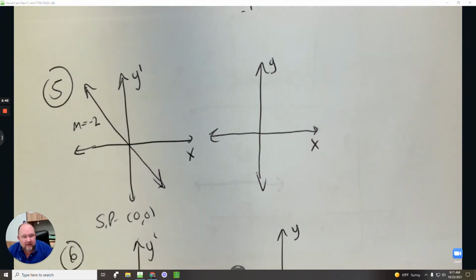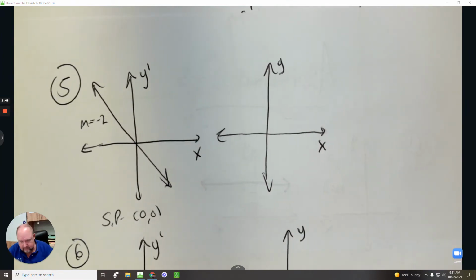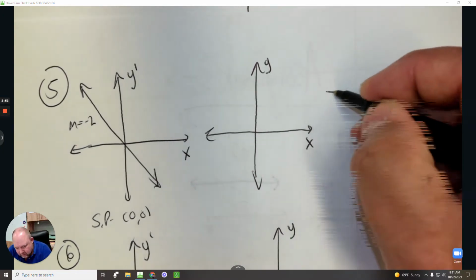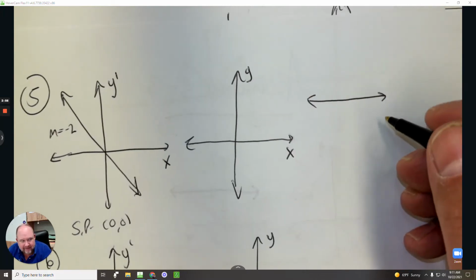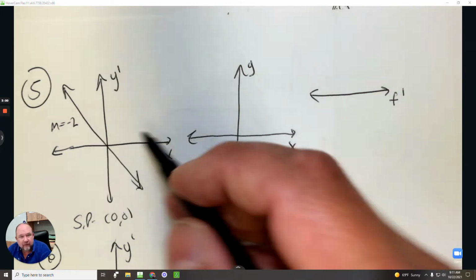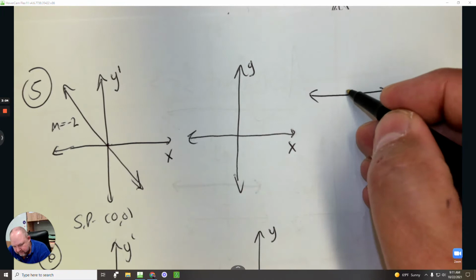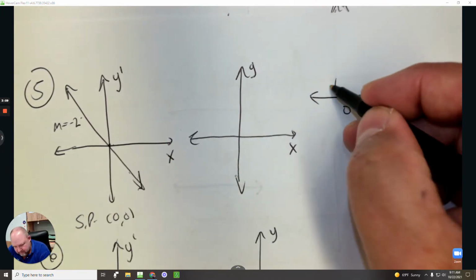Number 5. For number 5, you're given the derivative, and can you work backwards? That's called the antiderivative, when you work backwards to find what the function would look like. So I'm going to draw a number line to understand both concavity and the derivative. For the derivative, it has an x-intercept. Where's the derivative 0? At 0, and then it's above and then below.